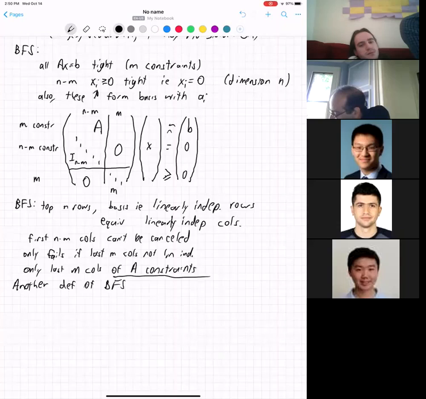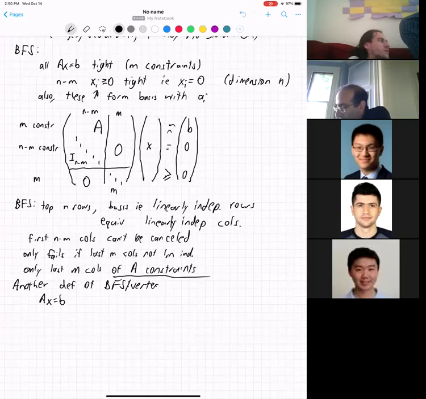So with this sort of investigation, I can now give you another definition of the basic feasible solution, or of a vertex of the polytope, because those are the same thing. We have to satisfy Ax equals b.